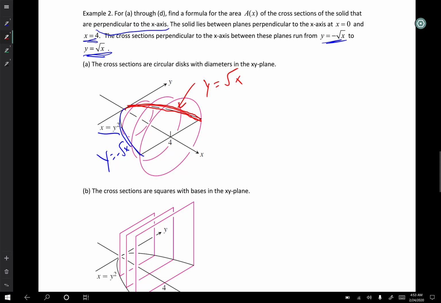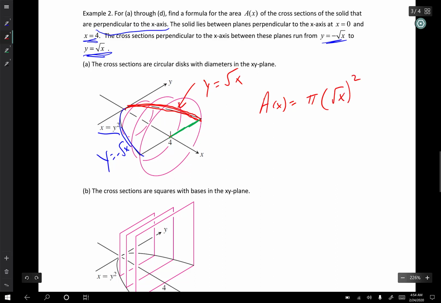All right, so my cross section, A of x. They're circular discs, so that means they're circles. My radius is this distance here in green. Let's use all the colors. If that's the radius, then it's pi times the distance from the x-axis to that curve, that's square root of x, close it and square it.